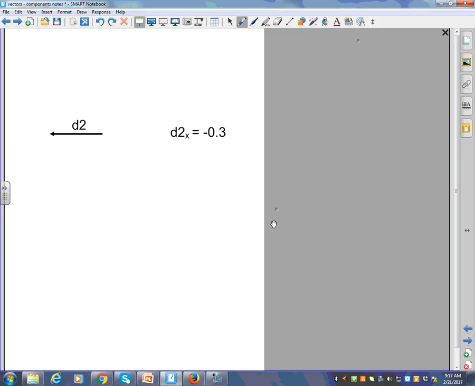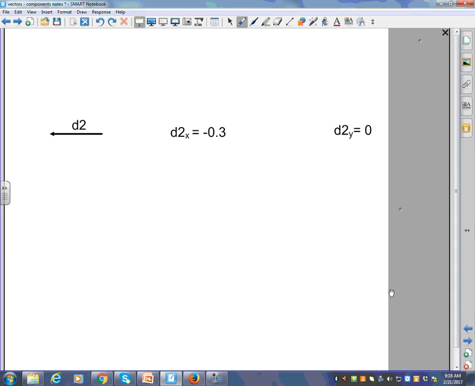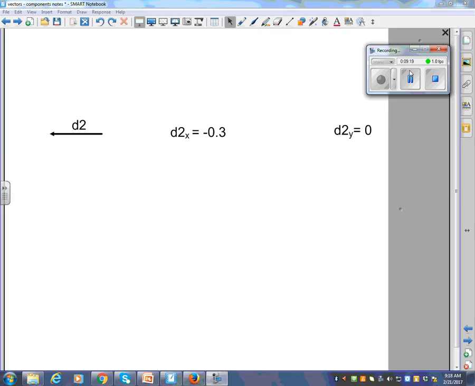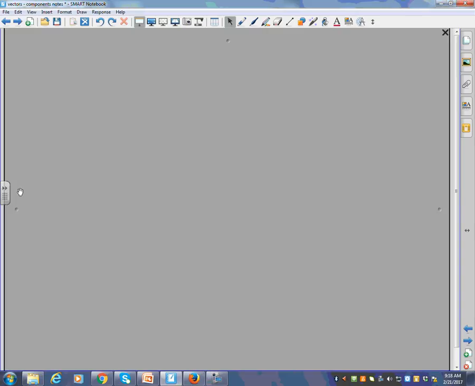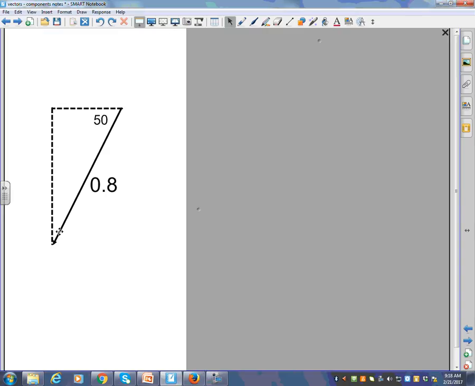It's all x. Is there a y? There is no y. So now we're going to have to do the last one. There it is. Again, you shouldn't have to redraw, just do it underneath.